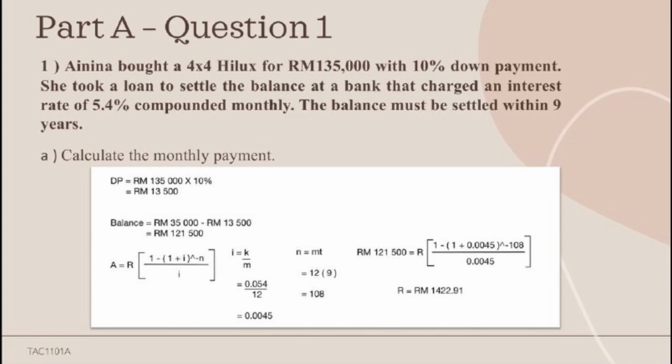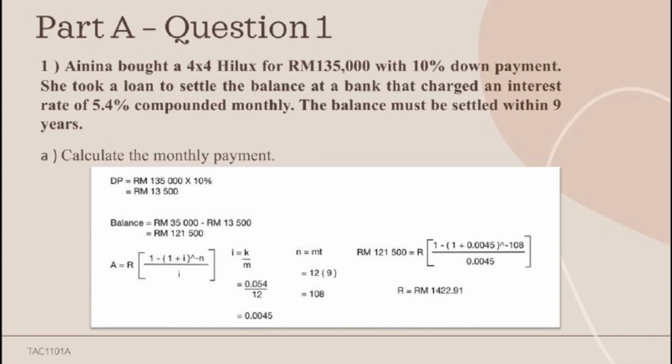We need to divide with 12 because it's compounded monthly. Monthly means 12. Next, we need to find n. The formula is m and t. m is 12 and t is 9 because the question states that the balance must be settled within 9 years. So after we times 12 with 9, we will get 108.